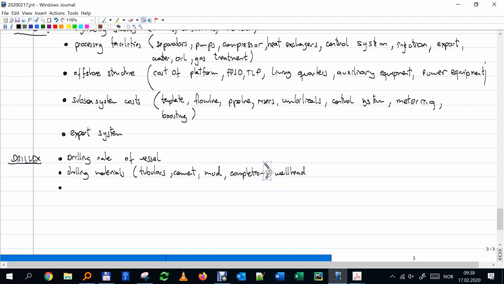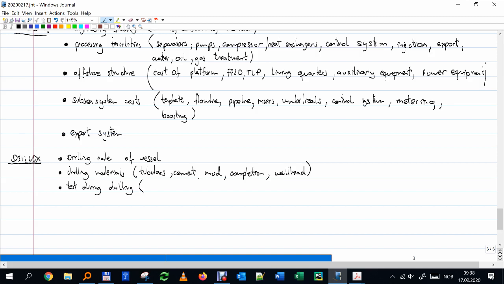What else do I have in drilling? Sometimes I also do some tests during drilling, and that's also sometimes included as part of the drilling.